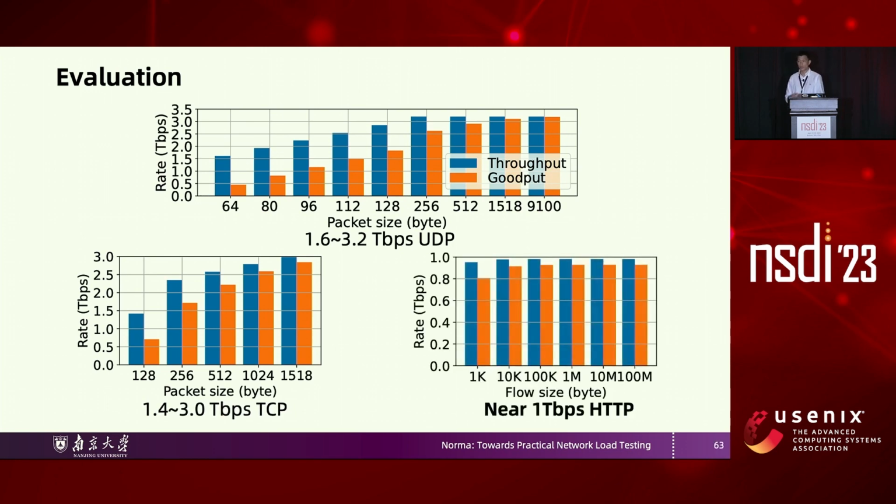And finally, we evaluate Norma's throughput of HTTP traffic by emulating HTTP sessions with different flow sizes. Theoretically, we expect that Norma can generate 1 terabit per second HTTP traffic at most, and our test result meets our expectation.